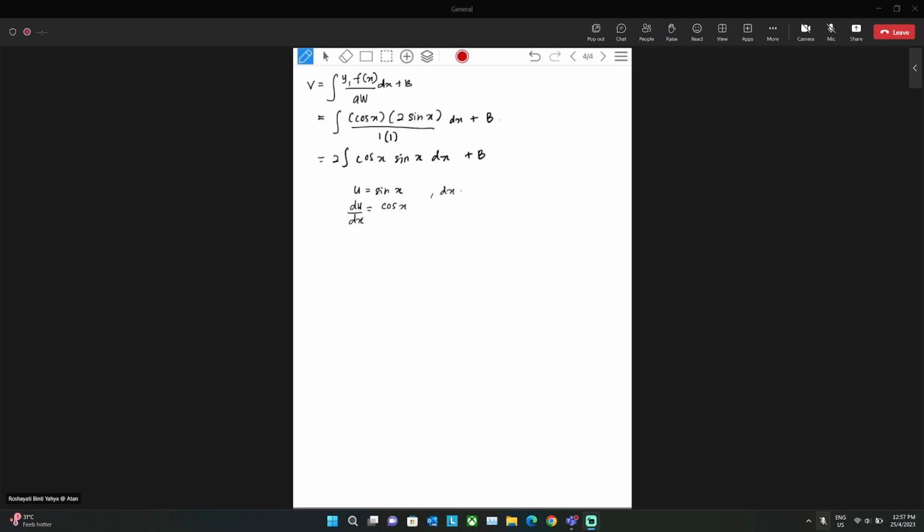And then dx you can change to du over cos x. Equal to integration of cos x, sine is u, dx is du over cos x plus b.